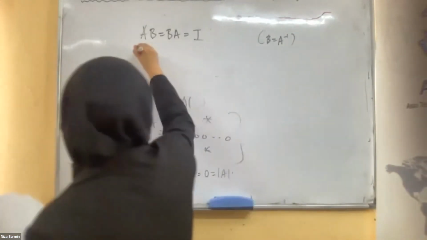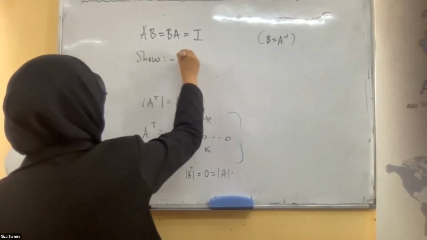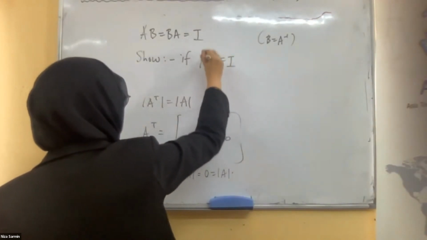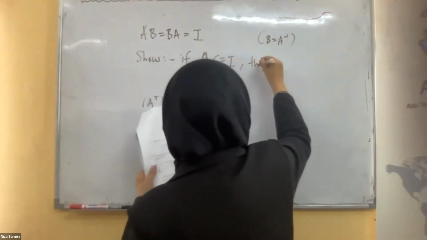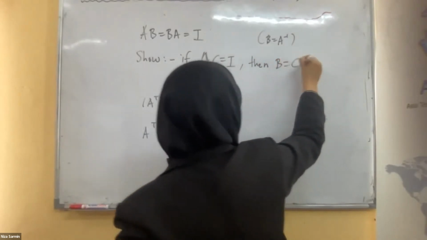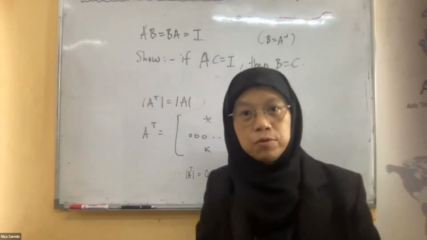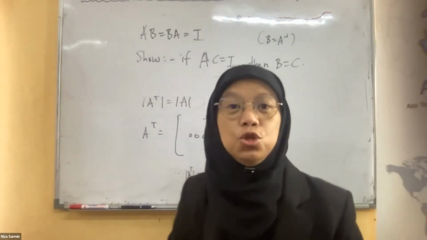Show that if AC is I, then B is C. This is actually the proof that the inverse is unique.